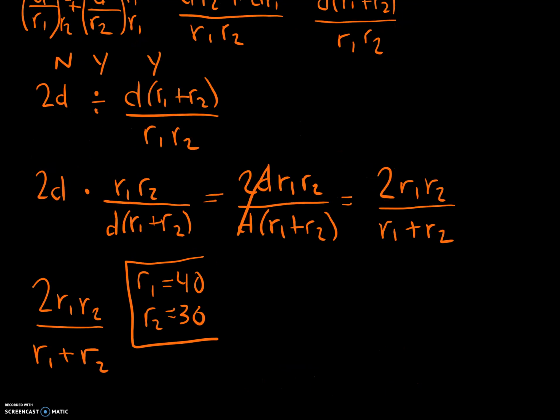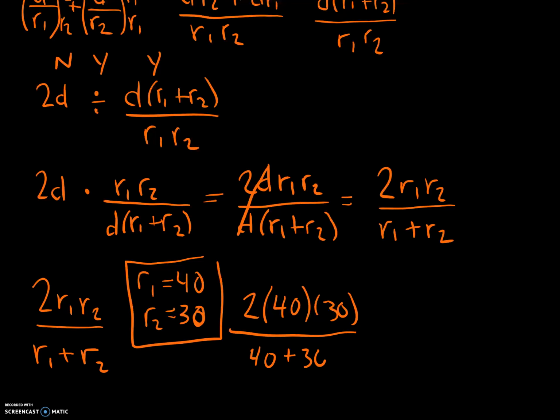So now I take r1 and r2, that's 40 miles per hour, and then 30 miles per hour. And what we're going to end up doing is just evaluating. So when we take that, we have 2 times 40 times 30 all over 40 plus 30. When that's evaluated and all said and done, you can do that in a calculator, 34.28 miles per hour.